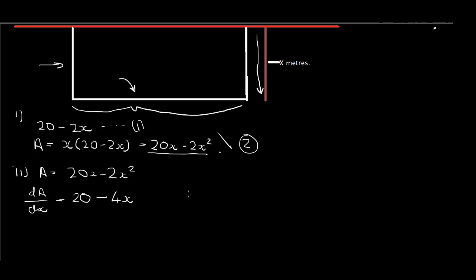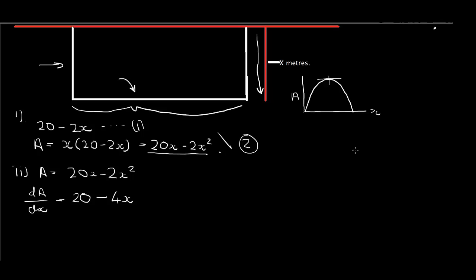Now, when the curve is at a maximum, I'll just go up here and sketch this curve. There we've got x, and up there we've got the area. When the curve is at a maximum like that, then the gradient is equal to 0.